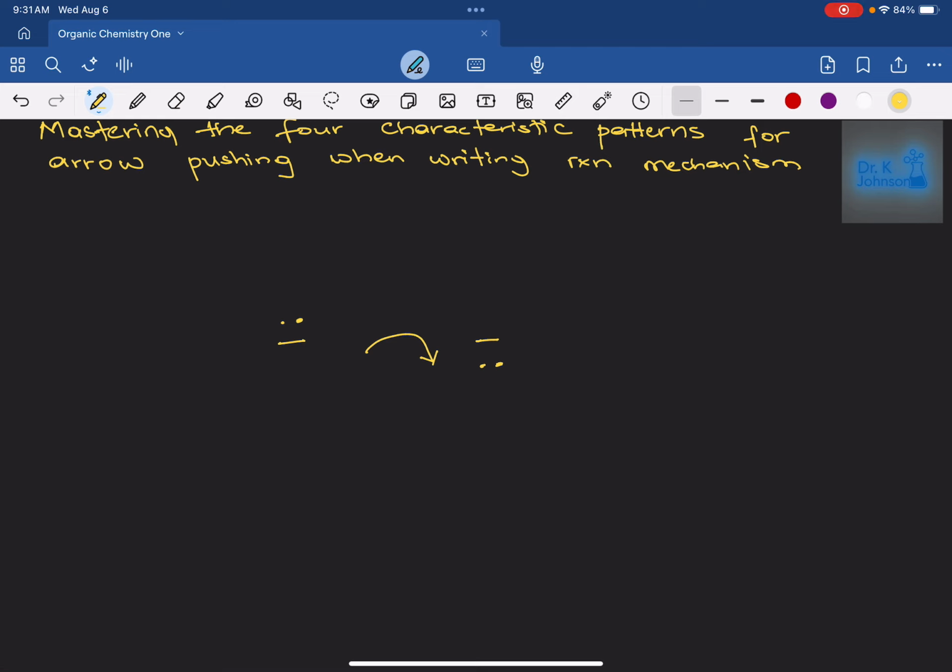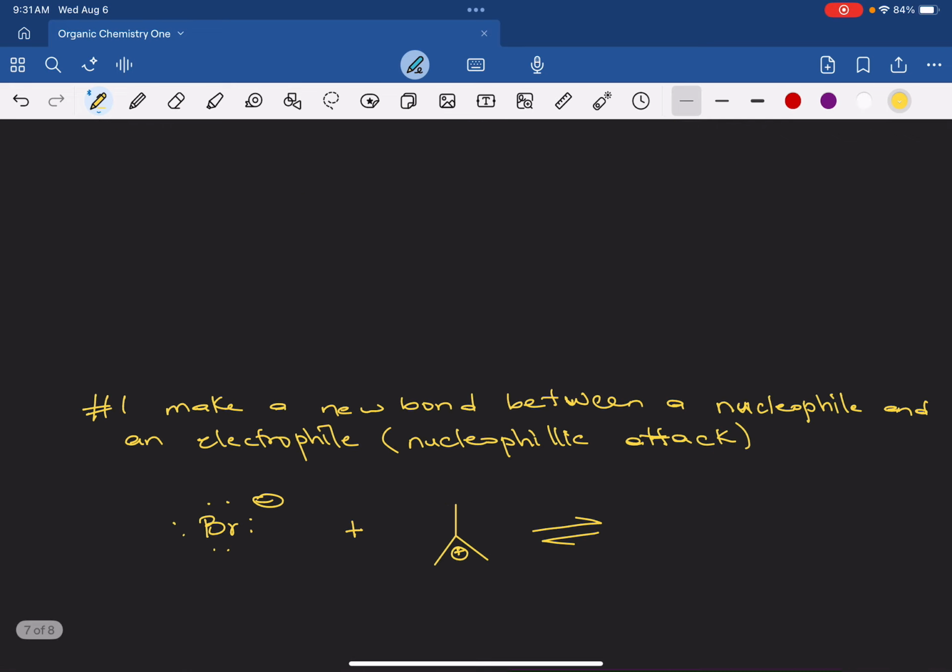I'll give you some more things that you need to remember when you draw that curved arrow. Now let us look at rule number one. And any of the four can be rule number one.